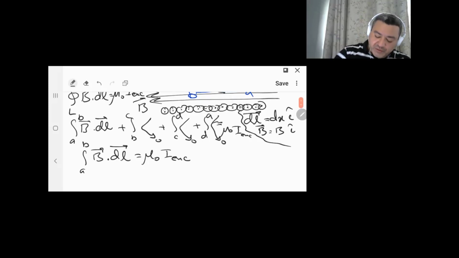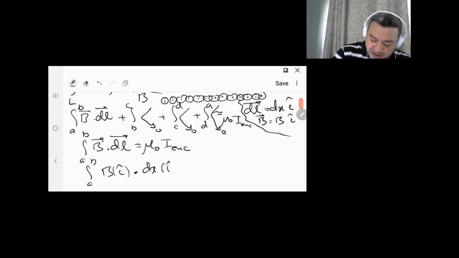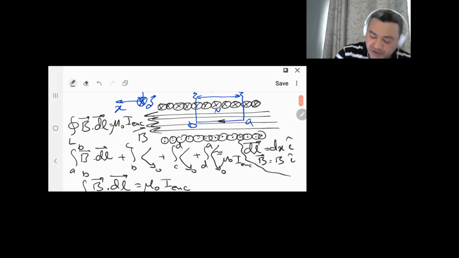Okay, so now back to here. I have the integration from A to B for B i hat dot dx i hat equals mu naught times I enclosed, the current enclosed. Look how many we have. Let's say we have N wires, which means that we have N currents.